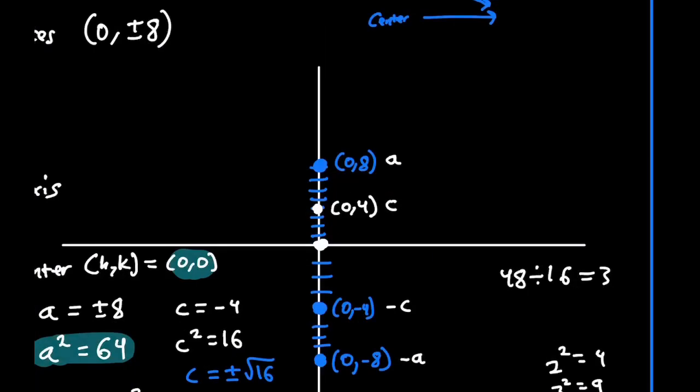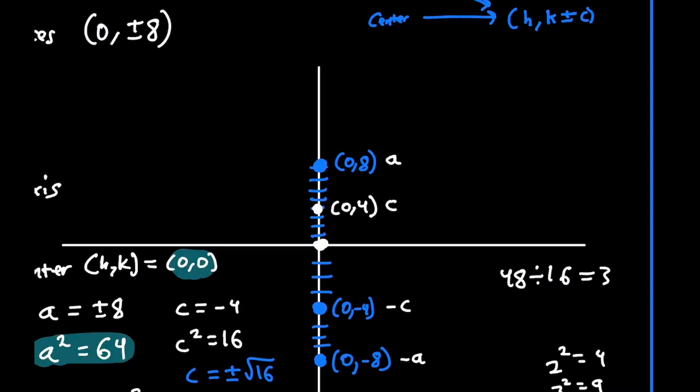So because this is an ellipse that goes primarily up and down, and a squared was under the y term, then you just take the center and whatever you have for the y coordinate, you put c with it. So if I was going to put it back with just the variables, it would look like this. You have h with k plus or minus c.